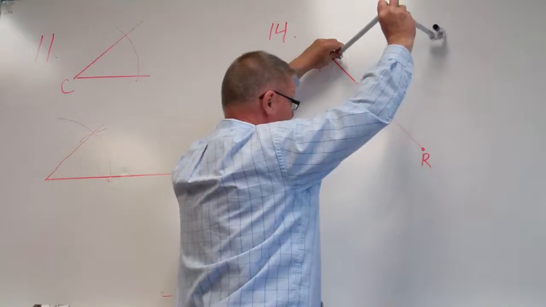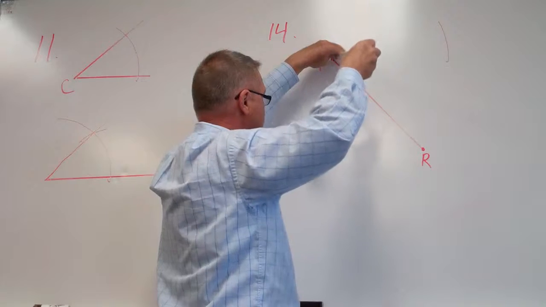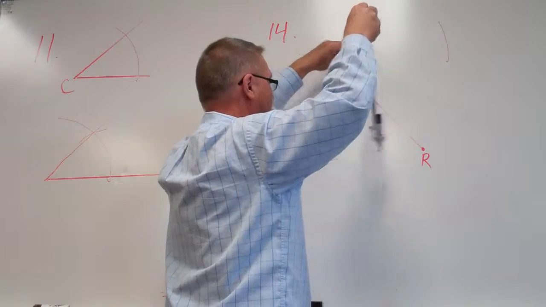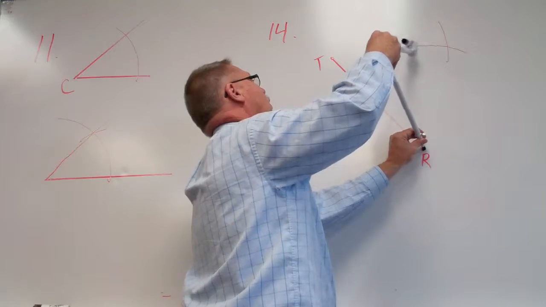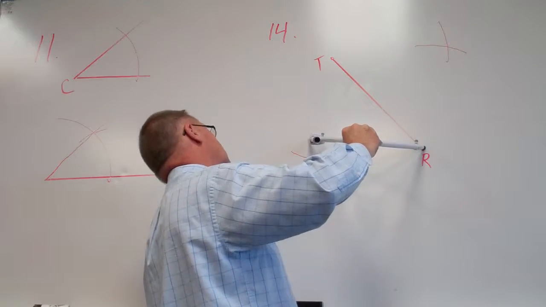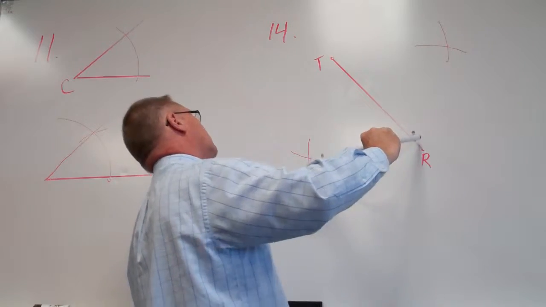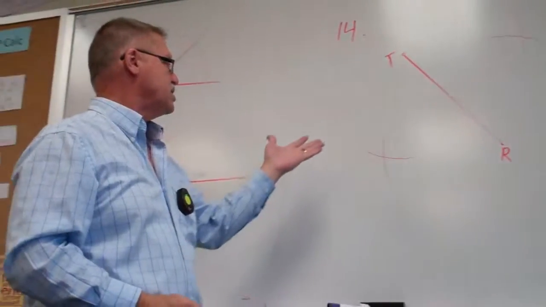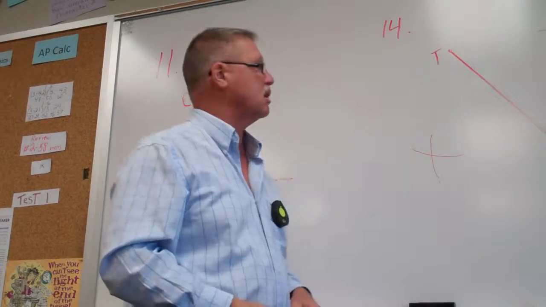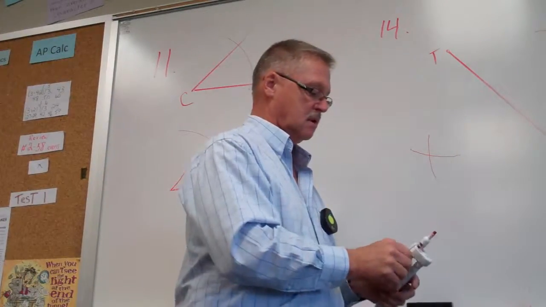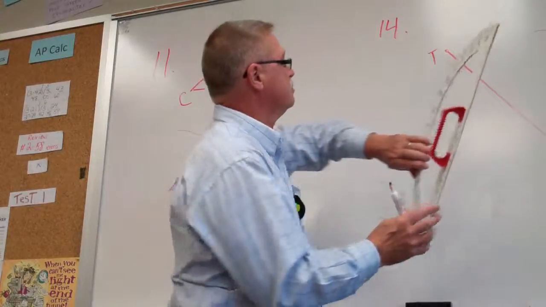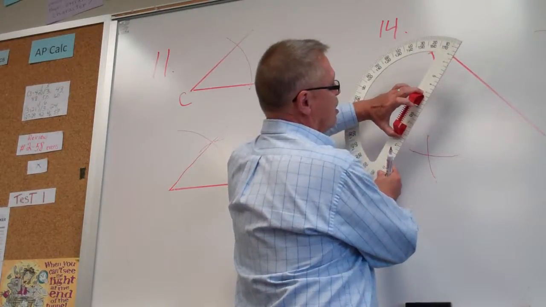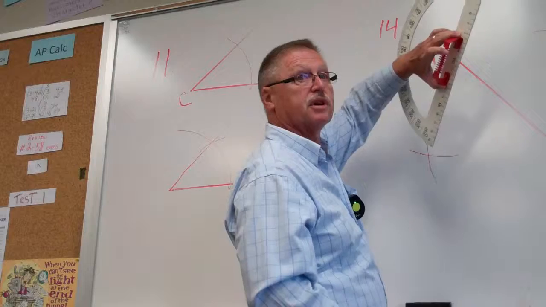But the worst that can happen is you just have to extend an arc and go back, make it a little longer so they'll cross. Oh, good. Caught that one right in the middle. If you don't catch them, go back and extend them a little longer. It's not that big of a deal. But make sure all your arc marks are made with the same compass setting.